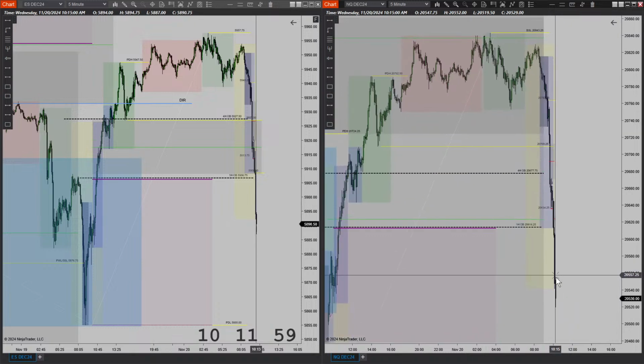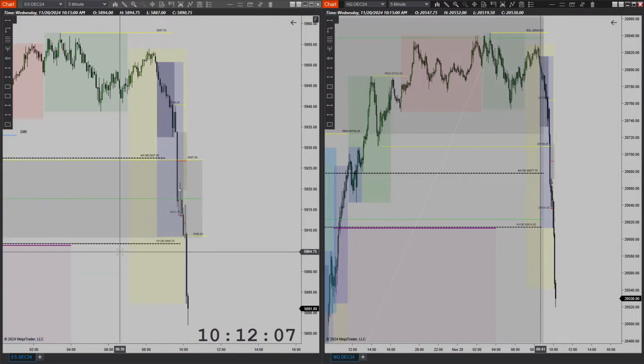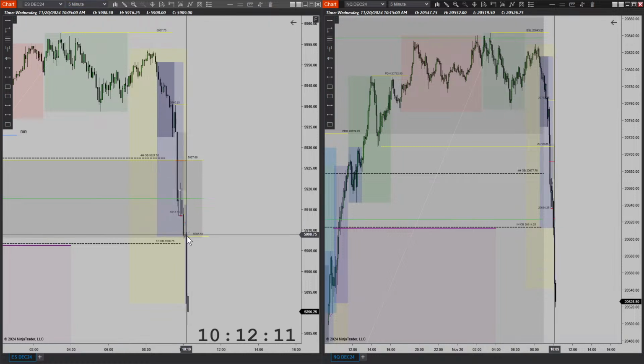Now, let's say for some reason price reverses here and starts closing up here, then what I would want to see is I will want to see price close above this order block here, which again could turn into an order block.